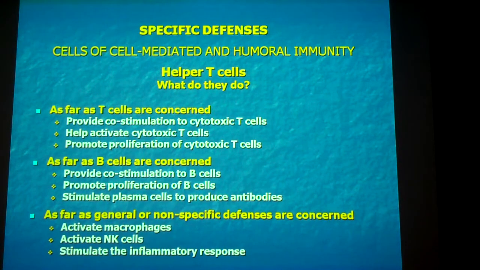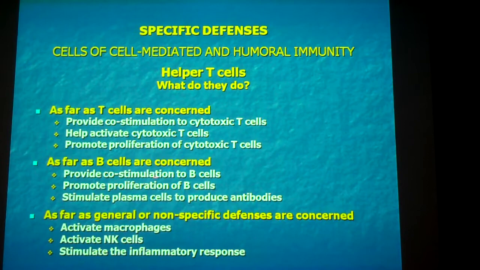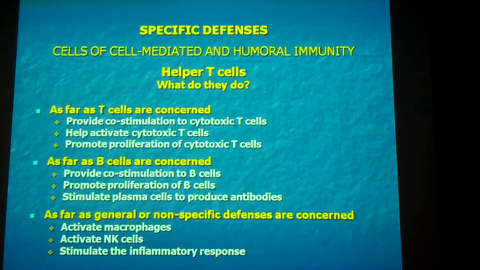So, as far as T cells are concerned, what do they do? They provide co-stimulation, they help activate the cytotoxic cells, and they promote proliferation of more of the same. What about B cells? Basically, they're doing the same thing: co-stimulation, as you saw, promoting proliferation of B cells, and stimulating production of antibodies.